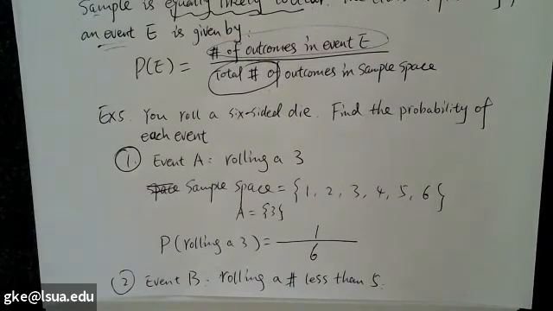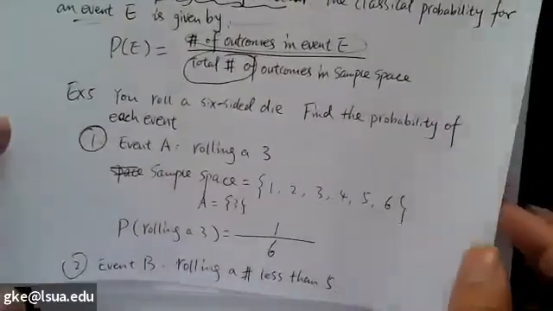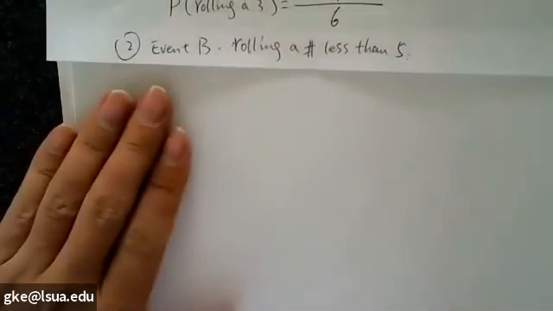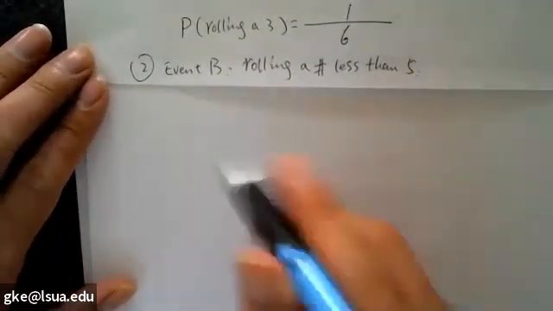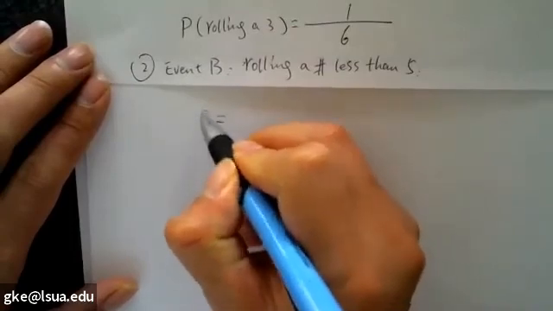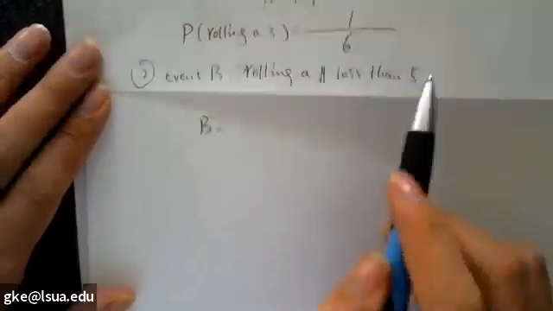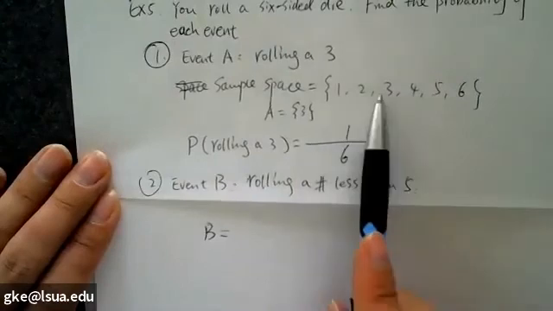Did you get it? What's your probability? Good job. 2/3. Fantastic. Did you get it or not? 4/6 should be 2/3. Okay, so you can tell event B is less than 5, which is going to be 1, 2, 3, 4.